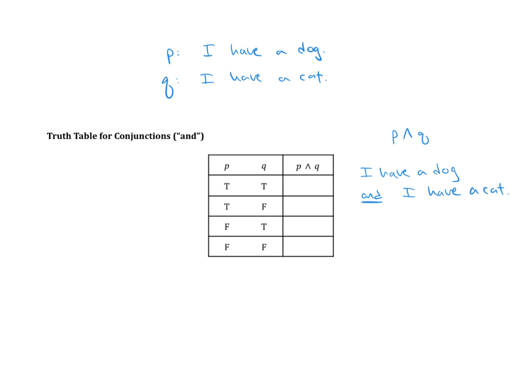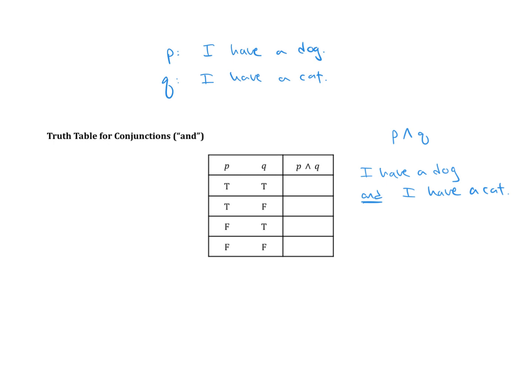Now, when I join those two simple statements with the word "and," this compound statement is only true if it's true that I have both of those things. So if I actually have a dog and I have a cat, then that is a true statement.